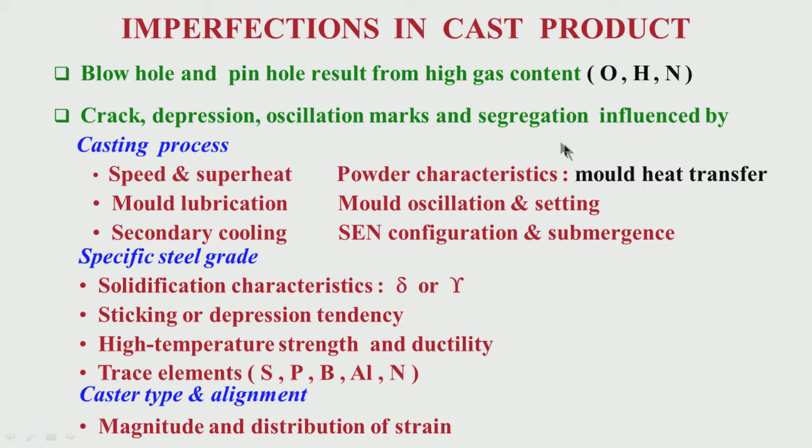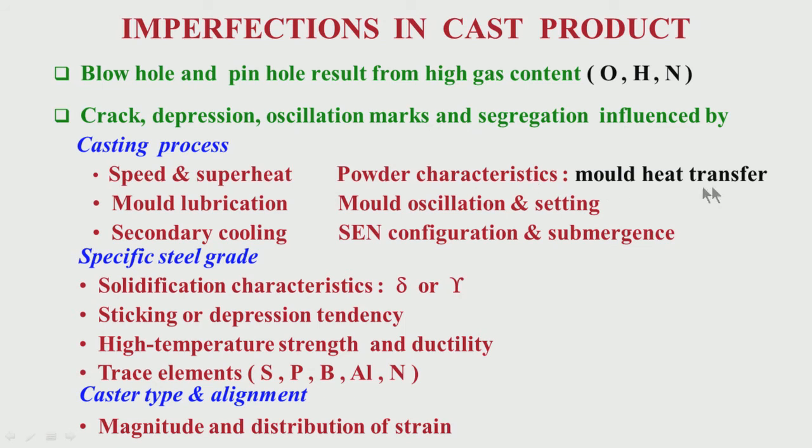All these will give you not only the melting point, which is important because the powder should melt and form the slag. The viscosity is important of whatever slag is forming in the mold, and what is the interfacial tension. If it is very viscous, it cannot penetrate at the surface of the mold. So, this is very important. Powder characteristics is very important.